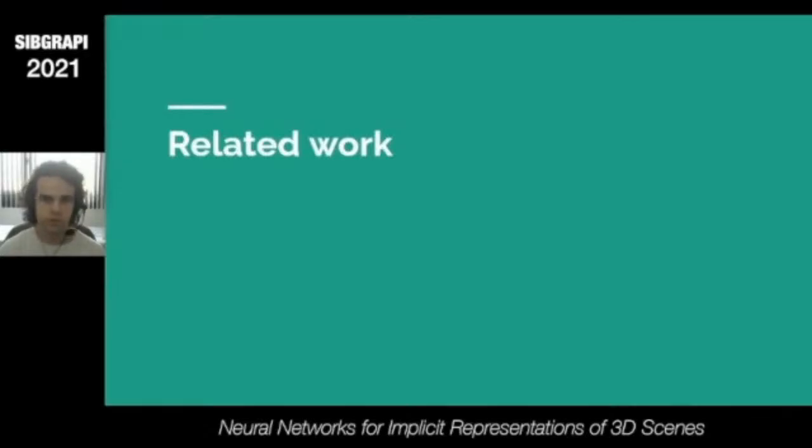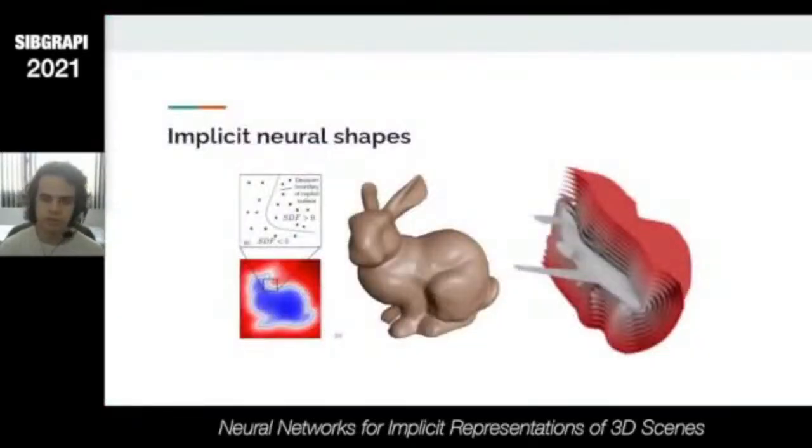So we'll take a quick look at other sorts of scene representations that might be useful in this context, and we'll talk a little bit about why they're not necessarily the best choice for this particular problem. We'll start with implicit neural shapes, which you've probably seen in the other talks in this tutorial. But we'll give a quick overview of why they're not necessarily the most appropriate in this case.